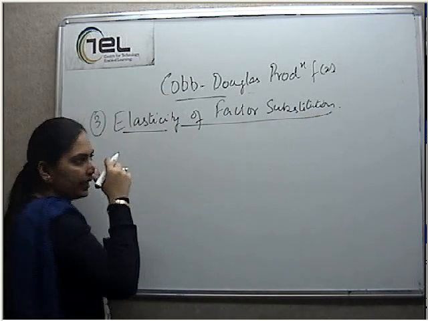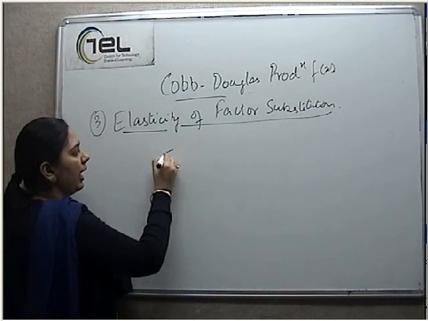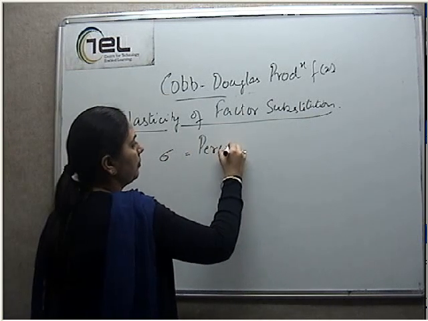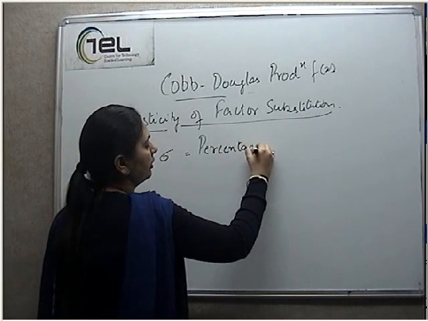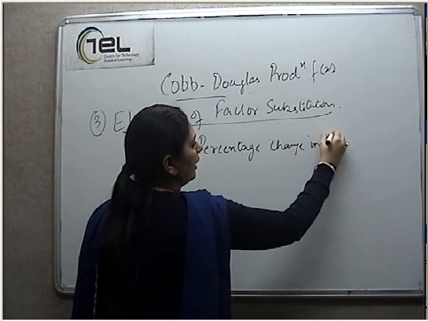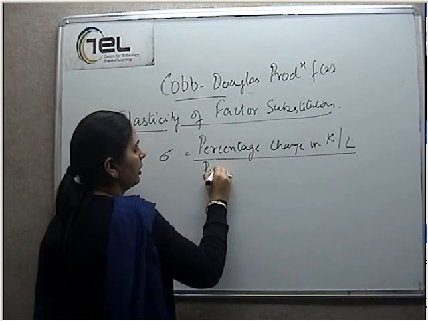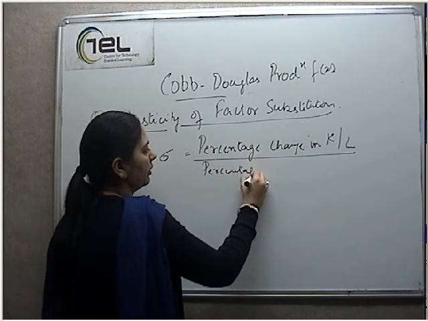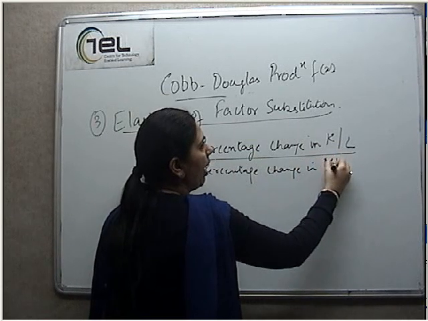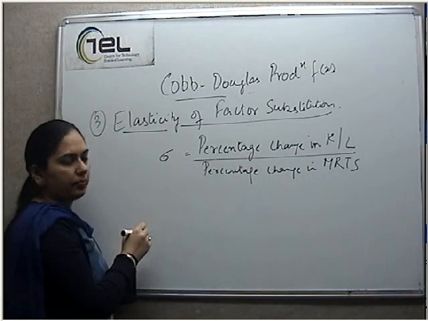Now, the concept of elasticity we have discussed in the initial units. As per the formula, our elasticity of factor substitution is nothing but the percentage change in K by L upon the percentage change in MRTS. Now this MRTS has come from our second property.